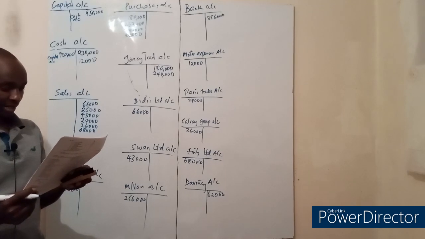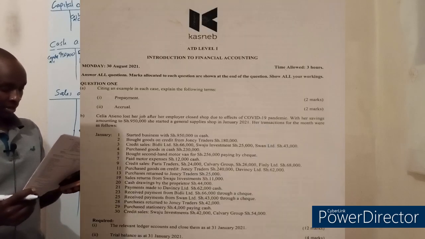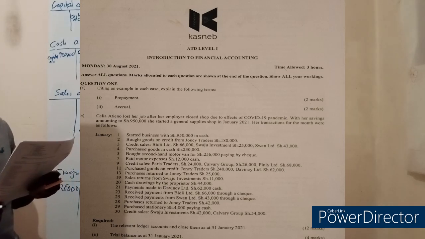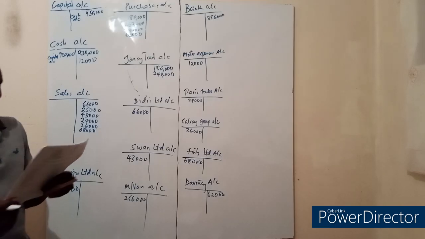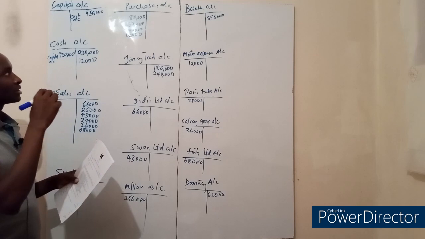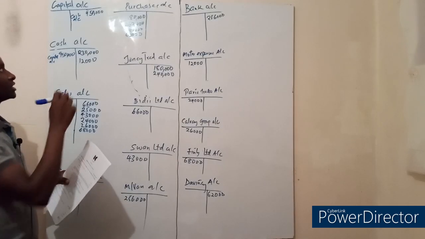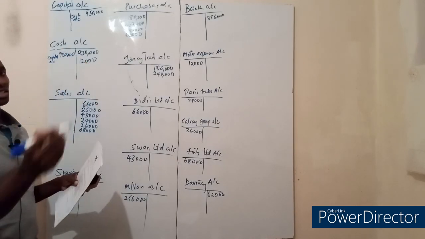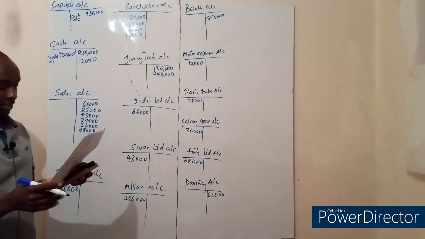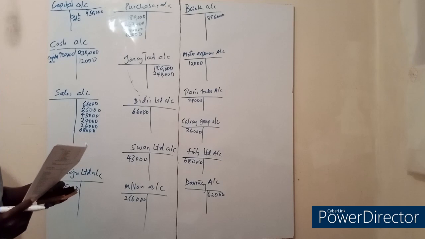So January 13th, purchases returned to Johnson Traders worth 25,000 Kenya shillings. It is always good practice for students to show the purchase returns account and purchase account as different accounts, right? So these are purchases returns.